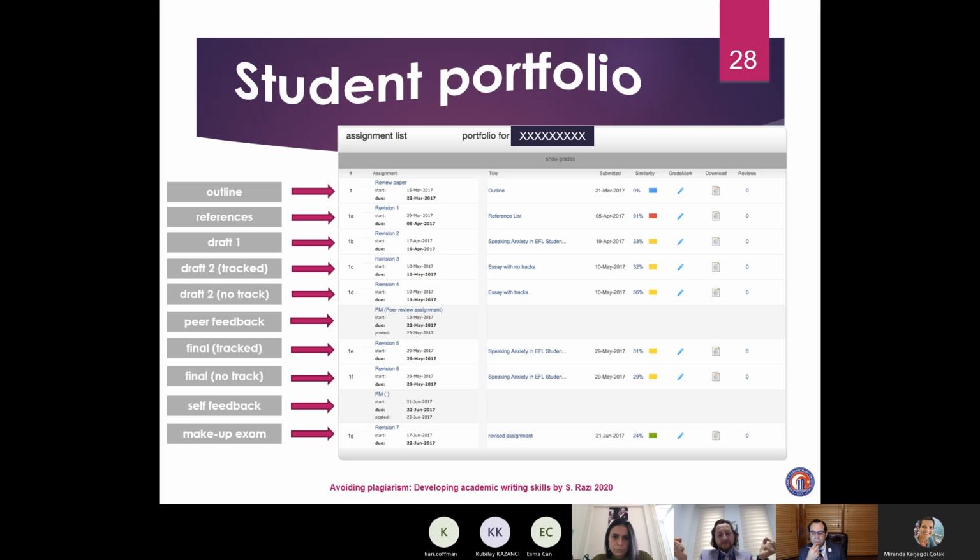When it comes to assessment, I check every student individually. I'm not focusing on the final product, but I like to see what the student has achieved throughout the semester here. Therefore, in order to understand whether the student has cooperated with any essay mills or involved in any collusion activity, this helps me a lot because I am not simply focusing on a single product here.